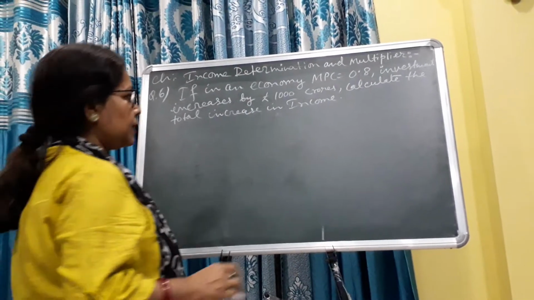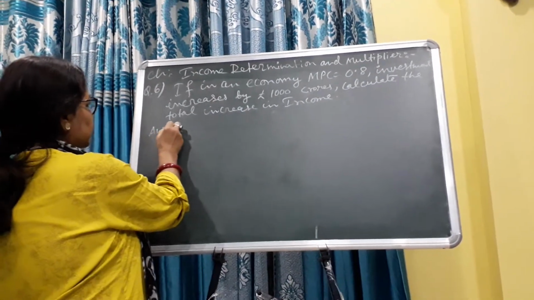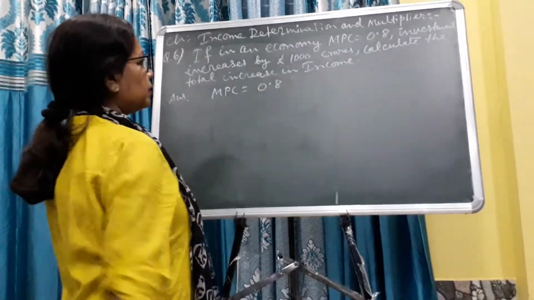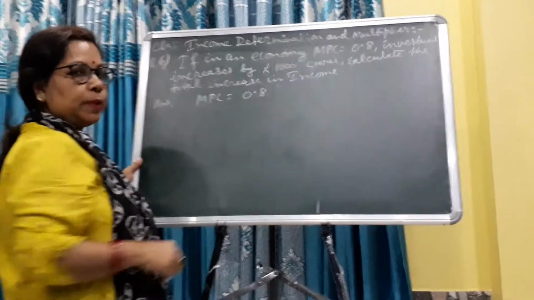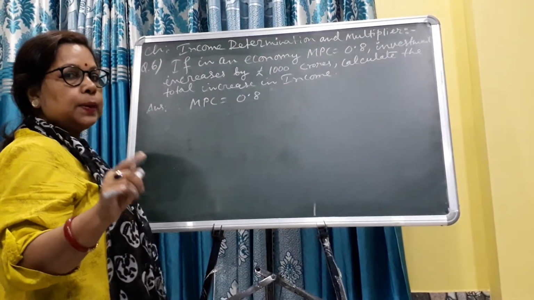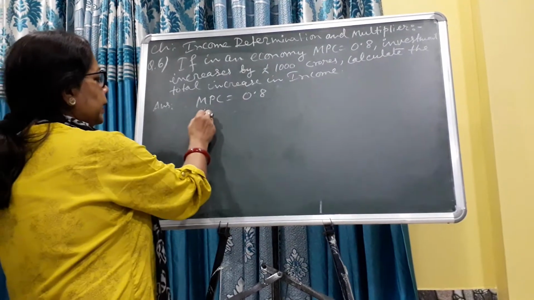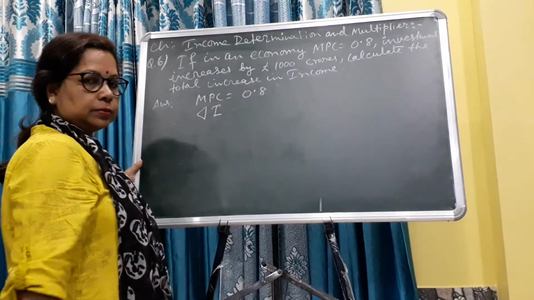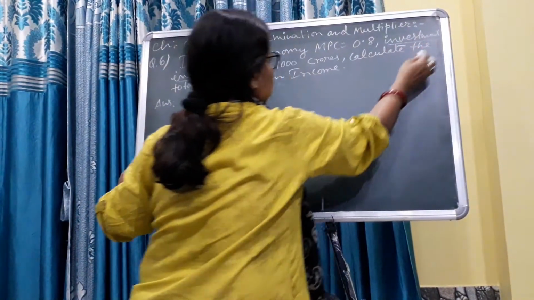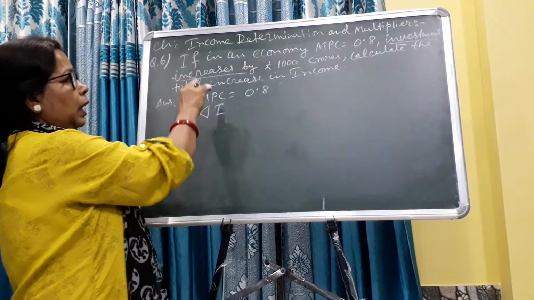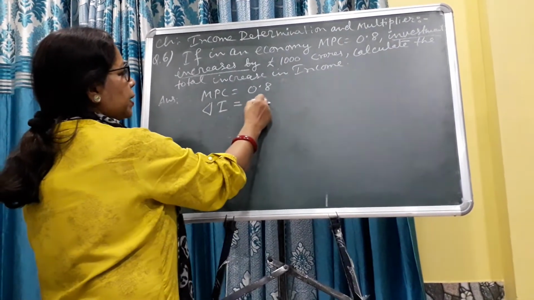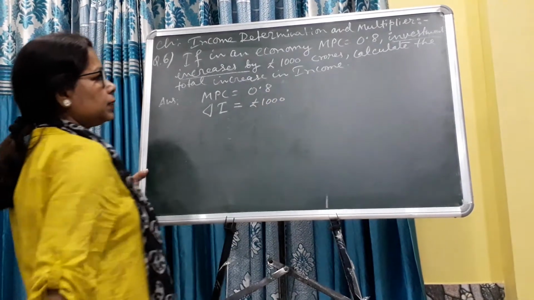MPC 0.8. Investment increases by. When it is written investment increases by, this means delta I. So delta I is rupees 1000 crores.